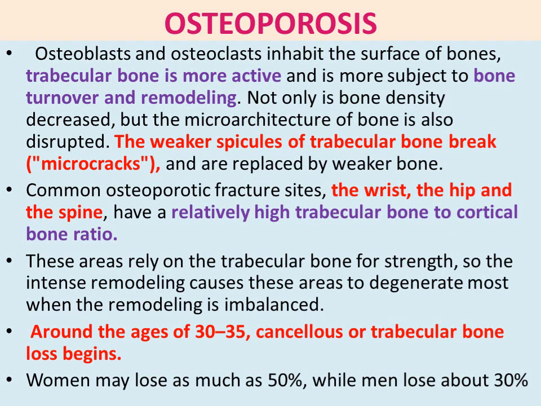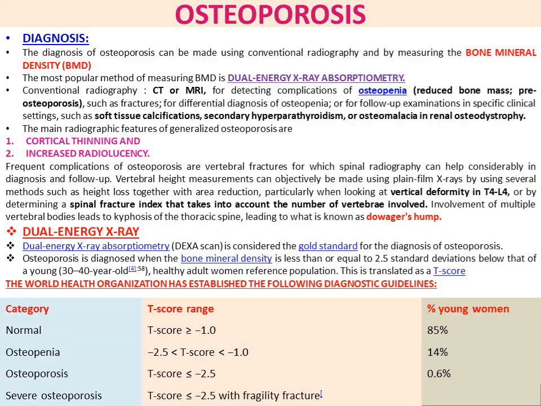So 50% bone loss easily occurs in women at 30 to 35 years, whereas in men there is about 30% trabecular bone loss around the same age.